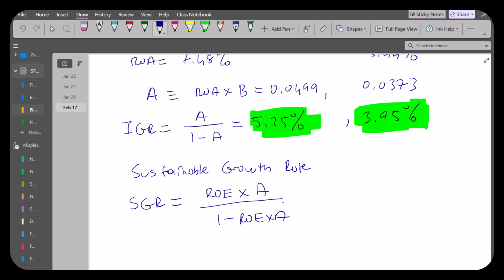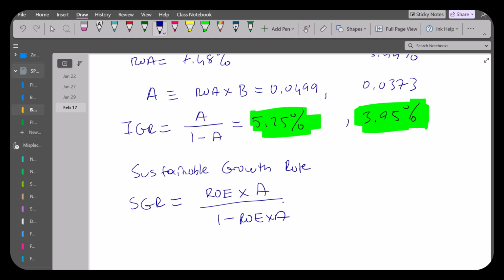My debt has to be 2 times that, which is 160. So I'm going to borrow an additional $160 million. Basically, I'm going to borrow that debt equity ratio times whatever money I added to my retained earnings. That keeps the debt equity ratio constant.